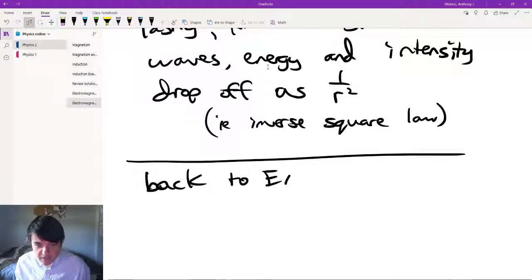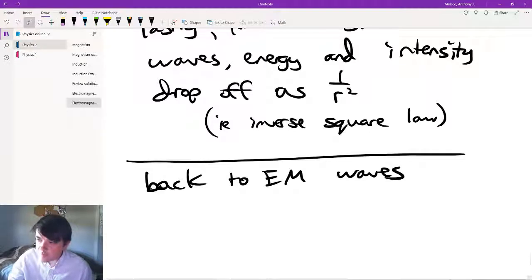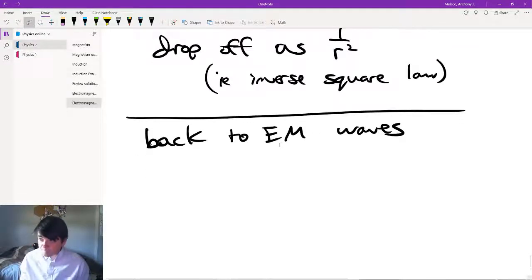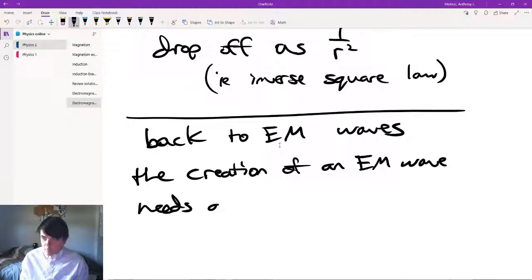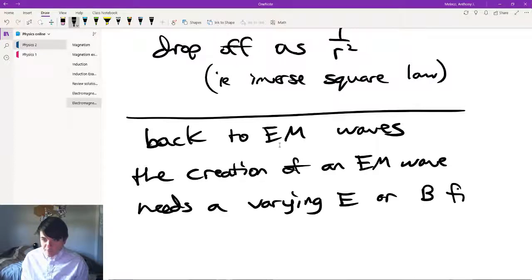Okay, so now back to E&M waves explicitly. You know everything you need to know to talk about this. So how do you make an E&M wave? Okay. So the creation of an E&M wave needs a varying E or B field.